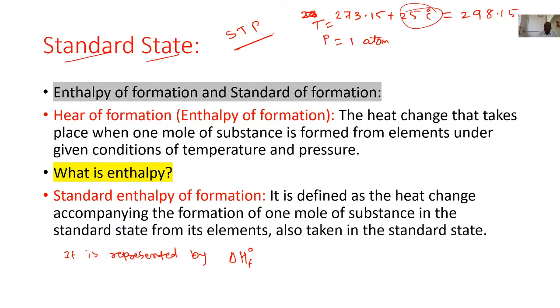The 25 degree centigrade, that is 298.15 degree Kelvin, and 1 atmospheric pressure is called the standard temperature and pressure.